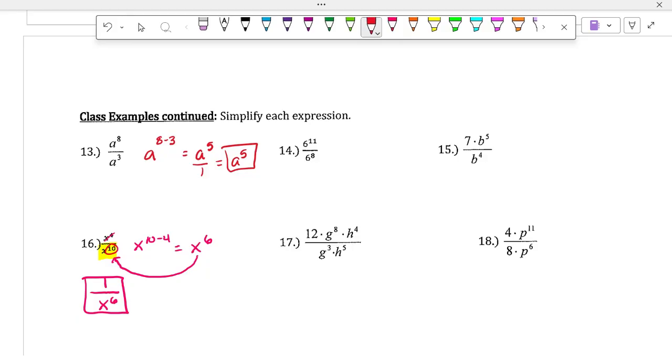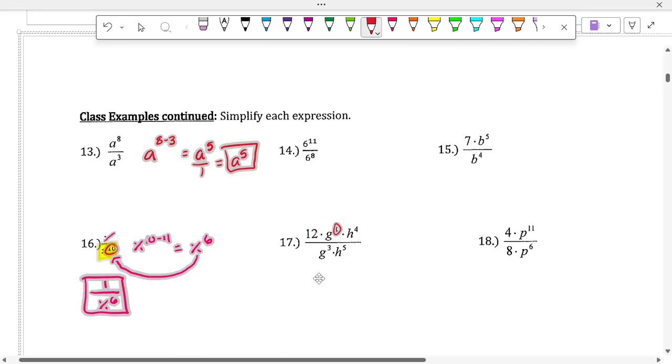If I keep going, this 12 right here is a coefficient, but there's nothing in the denominator but 1, an unspoken 1, so we just leave 12 in the numerator. We then subtract our g's, and since the 8's bigger, it's going to go in the numerator.